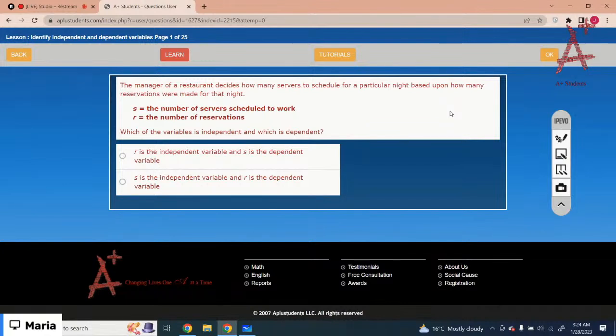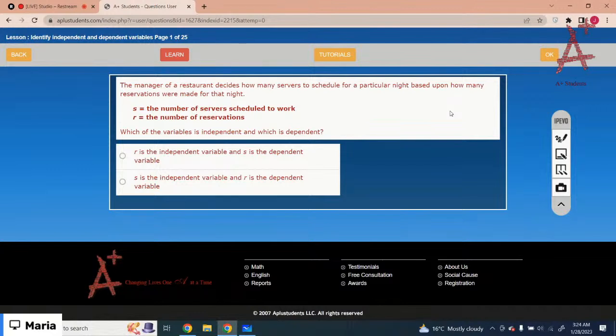Let me read again. So basically, the servers are based upon the reservations. That means the servers are the dependent variable and the reservations are the independent variable. So S is dependent and R is independent.